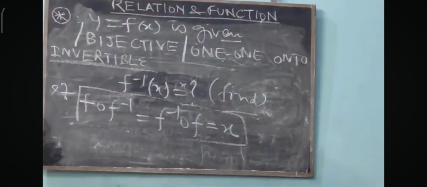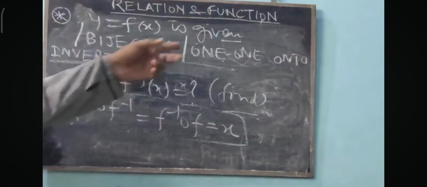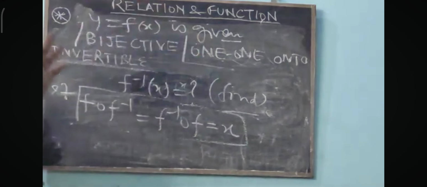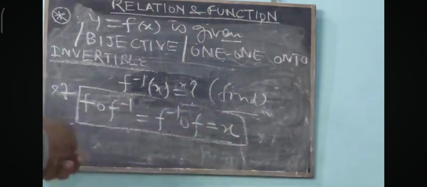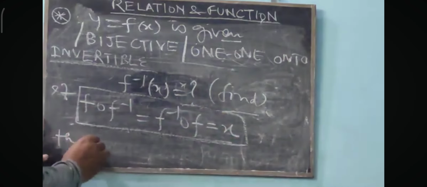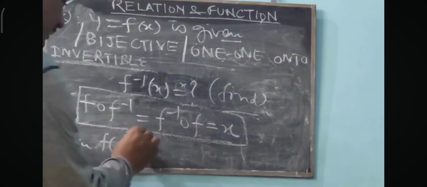There are 3 or 4 methods to show this one-one onto or invertible, by figure method or by mathematical method. But this is the straightforward, easiest shortcut method, although it is lengthy. f o f inverse and f inverse o f both should be identity function, means the value of both should be equal to x. If it is so, then f(x) is invertible.